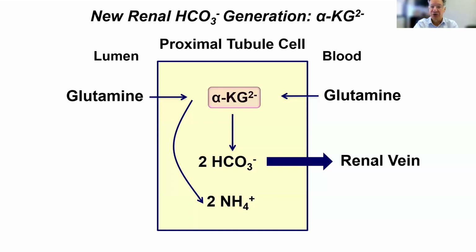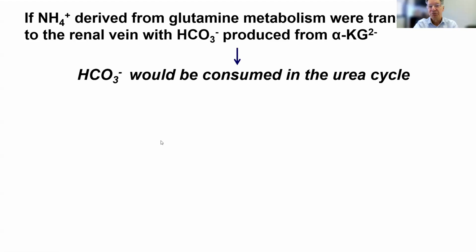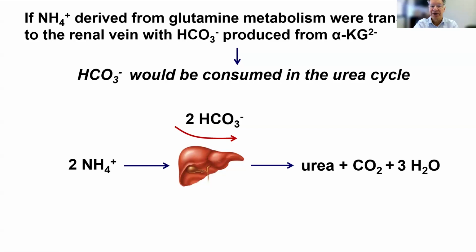You might think, okay, that's great, we'll compensate for our daily hepatic proton load. But the problem is the reaction also makes 2 ammonium ions. So the question is, if ammonium derived from glutamine were transferred to the renal vein with the bicarbonate, what would be the problem? The problem would be that the bicarbonate that you just sent into the renal vein that you would hope would match the daily hepatic proton load would actually be consumed in the urea cycle.